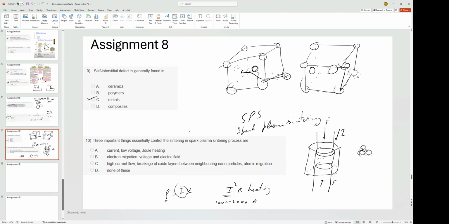That spark breaks down these oxide layers, which reduces resistance.